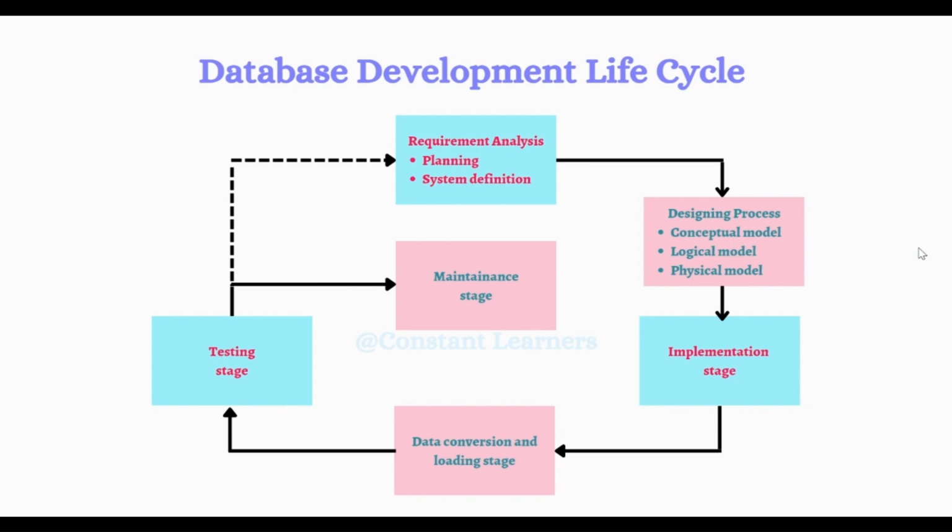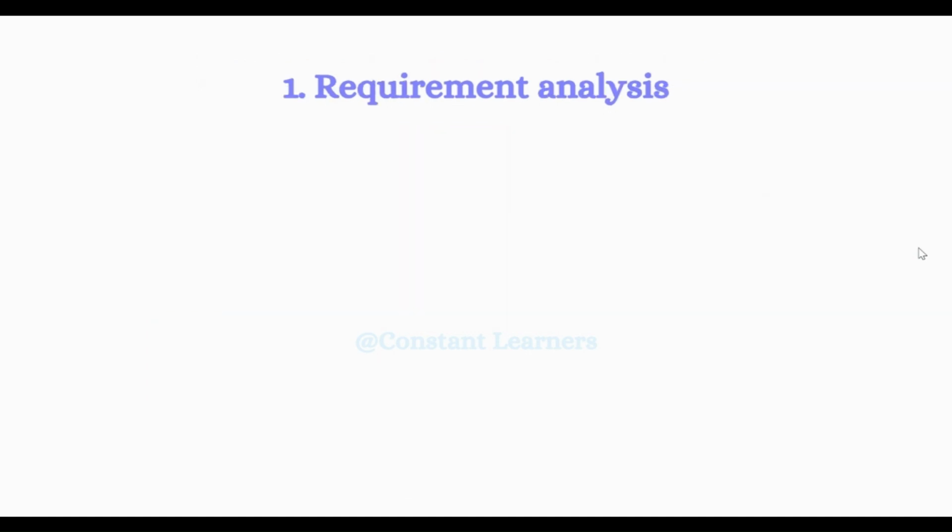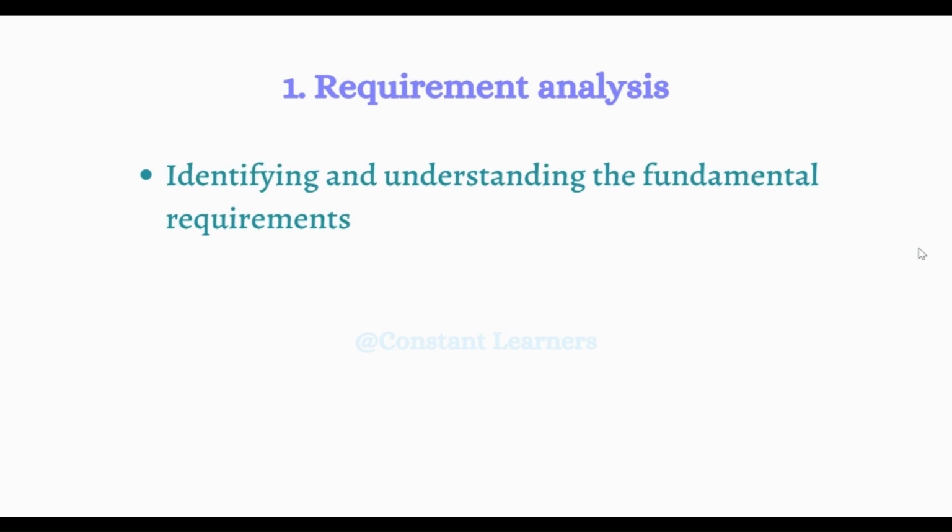All right. I hope that until here it was clear. Now let's discuss each step of database development lifecycle in detail. The first stage is requirement analysis. This involves identifying and understanding the fundamental requirements of the project. Okay, the database designers, they speak to the clients, stakeholders, and try to understand their business, their strategies, and their requirements.